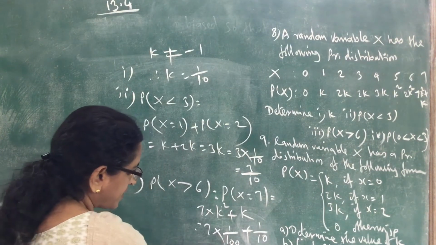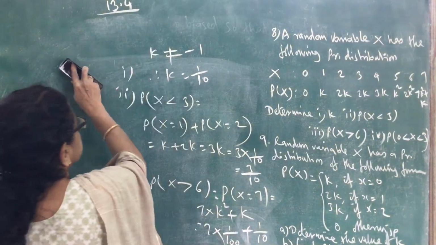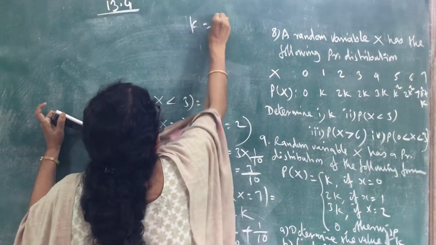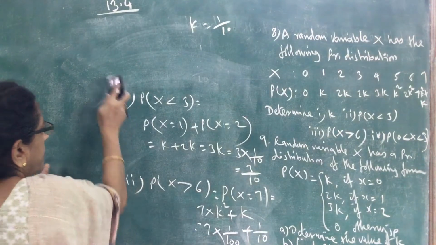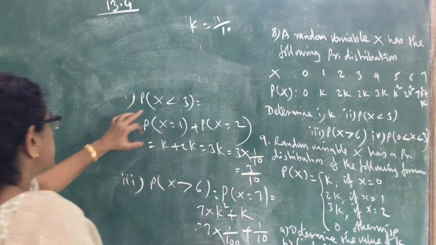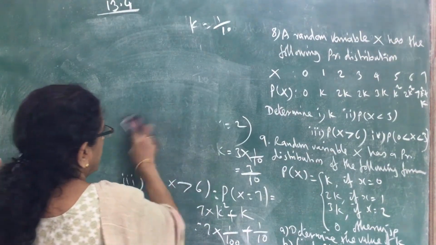So 7 by 100 plus 1 by 10. Remember that k equal to 1 by 10. So here 3 into 1 by 10, 3 by 10. This is probability that x less than 3.